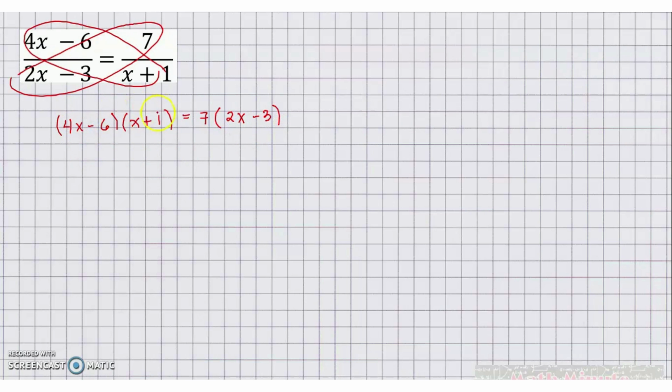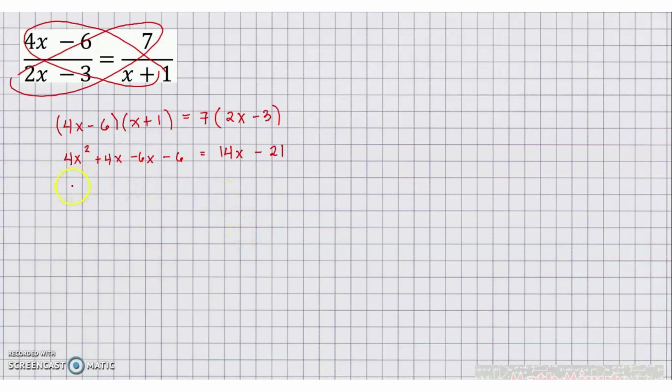So we will use the FOIL method in multiplying two binomials here. So this will be 4x squared plus 4x minus 6x minus 6. Then we will distribute 7 here. So this will be 14x minus 21.